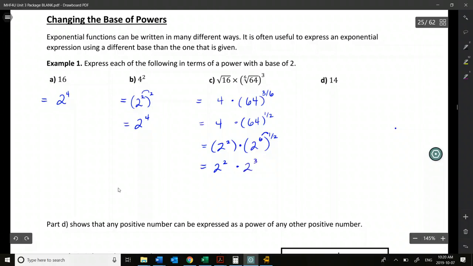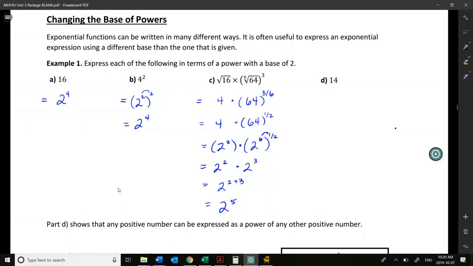There are many different ways that you could go about calculating this, by the way. And then I add the exponents. So it'll be 2 plus 3 equals 2 to the 5. Okay, these ones are all nice because they're even values, bases of 2 that go into these values, like 64, 16, 4.